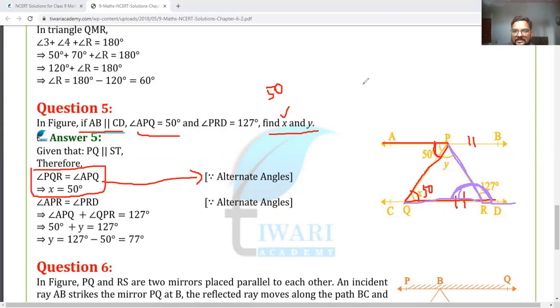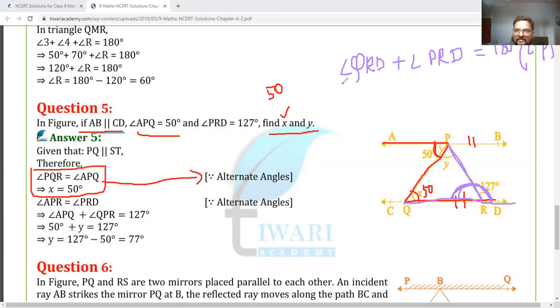So we'll add these two angles, angle QRD plus angle PRD. Together it gives you 180 degree using the linear pair. LP I will write, linear pair.